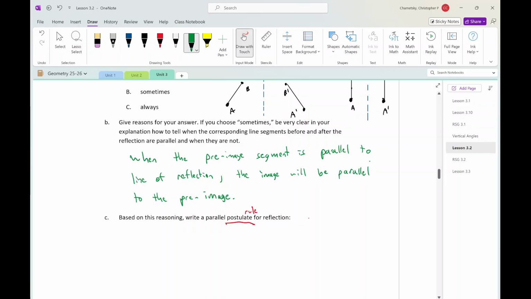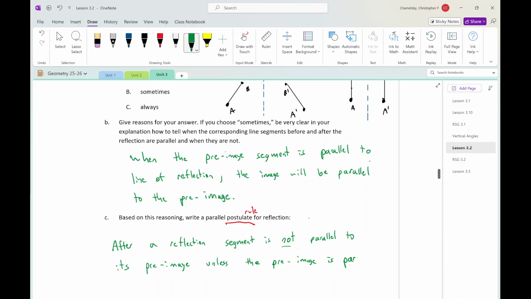Okay, so our rule is after a reflection, an image segment is not parallel to its pre-image unless the pre-image is parallel to the line of reflection.